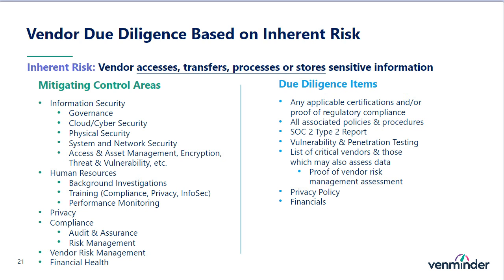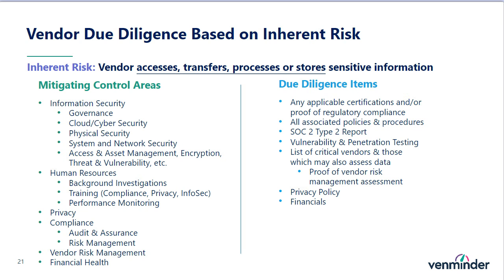But starting with this example, this vendor accesses, transfers, processes, and stores sensitive information. So there's a lot of different risk types associated with this activity, including information security, privacy, compliance, etc. So when it comes to those documents, we're going to have a pretty long list of items the vendor will need to provide. To highlight a few, we're going to need those independent third-party audits like SOC 2 reports.